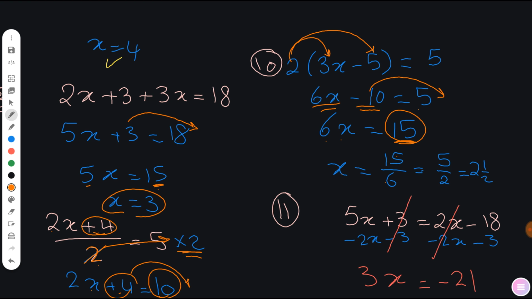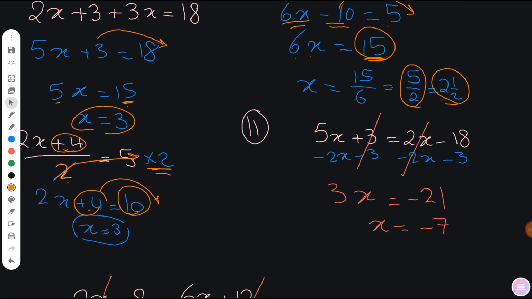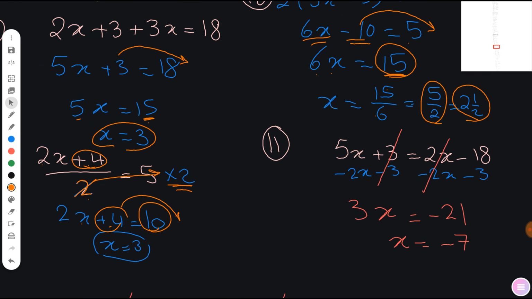Number 11, 5x plus 3 equals 2x minus 18. We need to collect x on the same side by subtracting 2x from this side, and to keep the equation balanced, we need to subtract the same value from the left side.